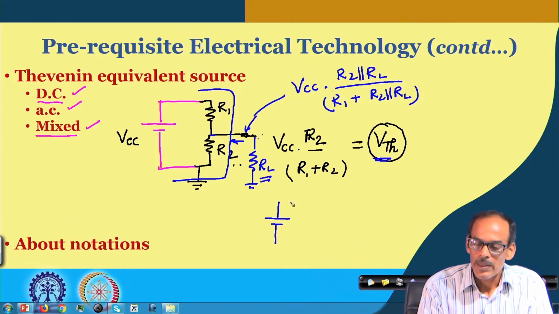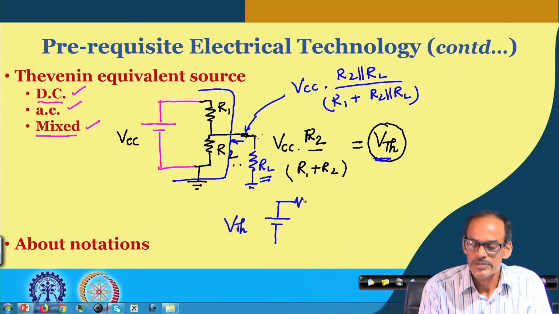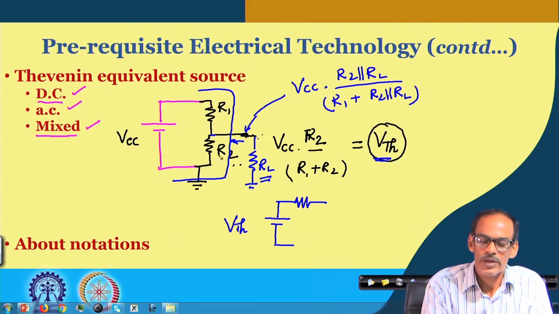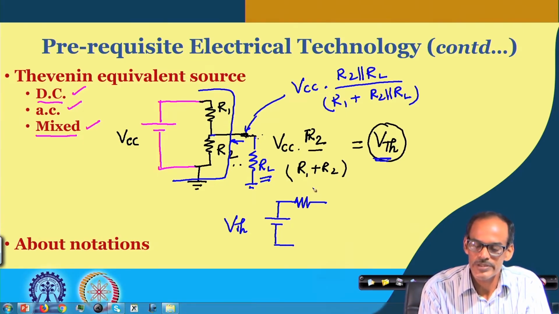So, suppose this is a voltage source called the Thevenin equivalent voltage, and the Thevenin equivalent resistance is basically what you find by looking into this circuit, giving the corresponding equivalent resistance. In this case, it is R 1 in parallel with R 2.